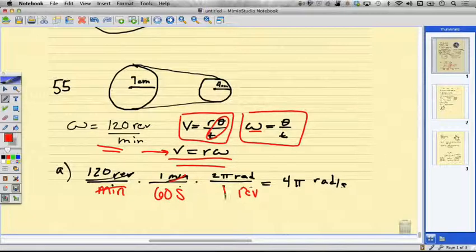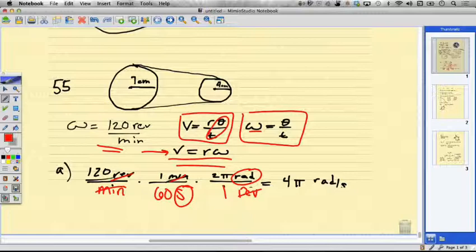Just 1. So the revolutions cancel here, and they cancel there. I'm left with radians on top and seconds on the bottom. When you multiply this all together, it ends up giving you 4 pi radians per second. If you multiply through and got 12 point something for your decimal, that's okay too. I prefer to leave it as the whole value with pi.